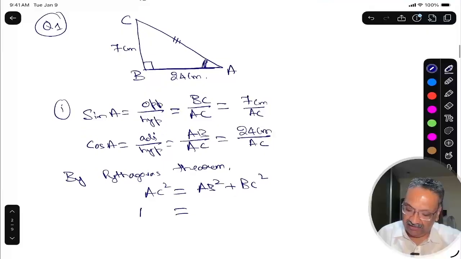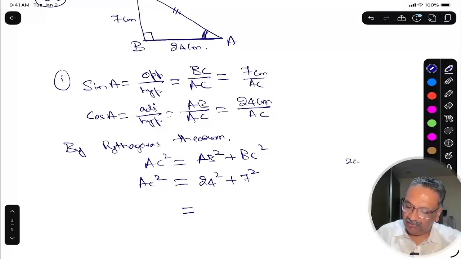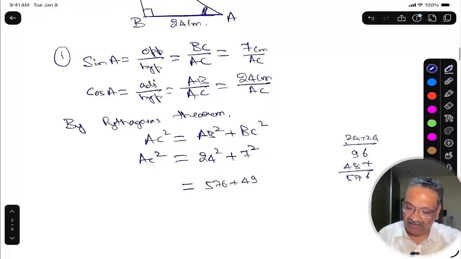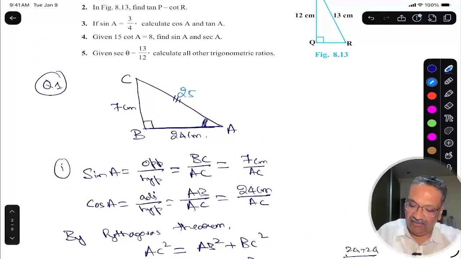So we get AC square is equal to 24 square plus 7 square, which is equal to 24 square ಏನಾಗುತ್ತೆ, 24 into 24, 576 plus 49. So AC will be square root of 625. So AC will be 25 centimeters. So we got AC as 25 centimeters.